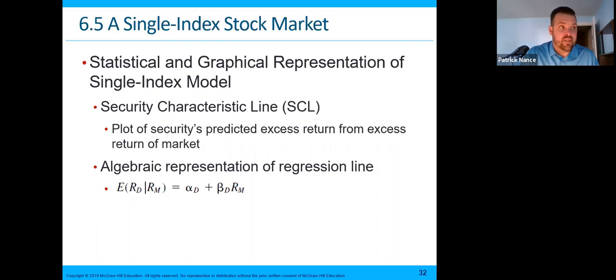So, for example, the security characteristic line is a plot of the security's predicted return from the excess return on the market. So that would be, if we're looking at a specific security, how much more is this going to gain based on what the market has done, or how much less. So in this case, we're talking about excess returns only. So this is the algebraic representation of the regression line.